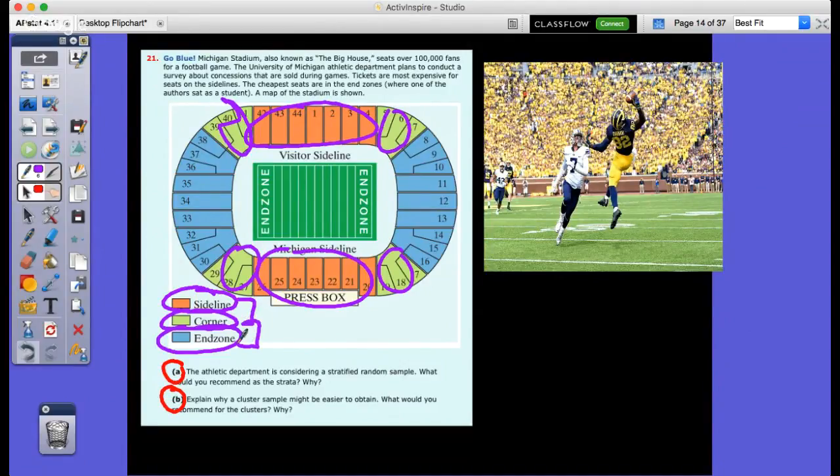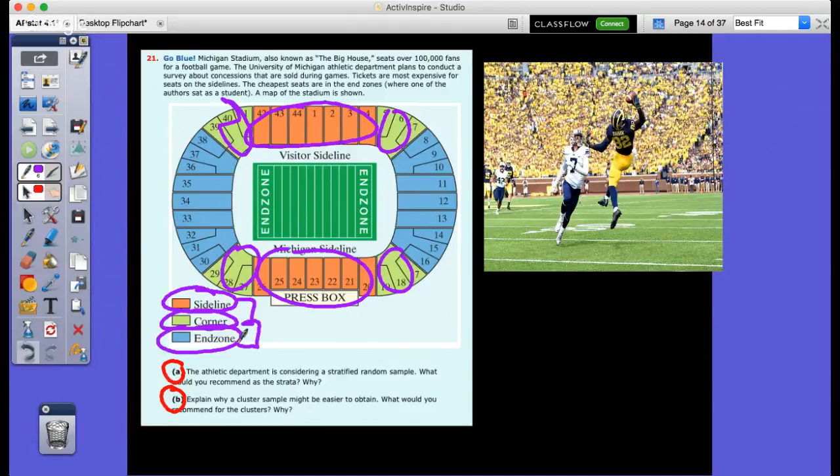Once I do that, in order to find the sample of those, a good method would be, okay, if we're trying to figure out the concessions that are sold during games, right? What about the concessions? Do you like it? Is it too expensive? If we're trying to get a survey, we want to mirror the entire population.